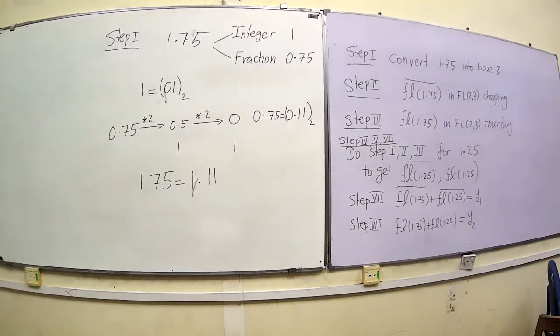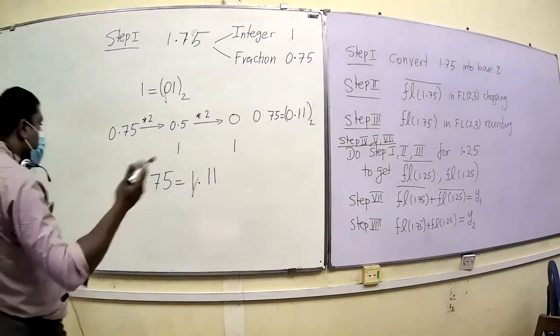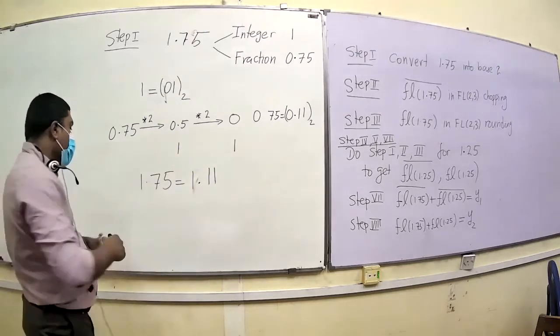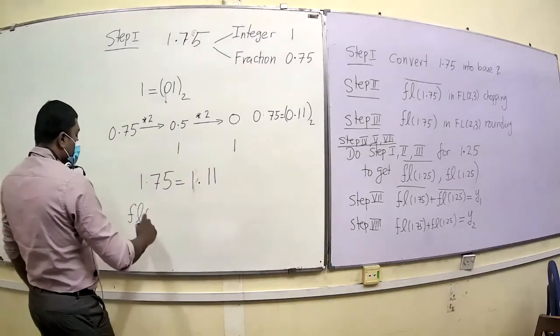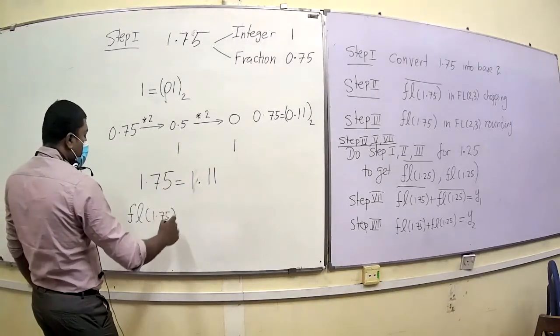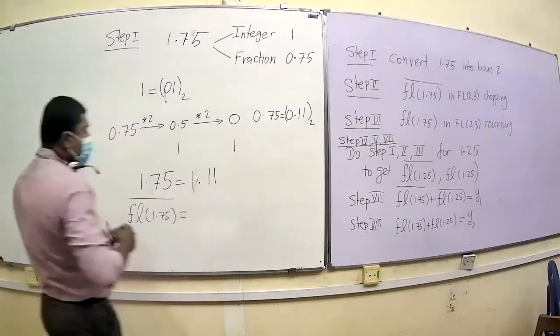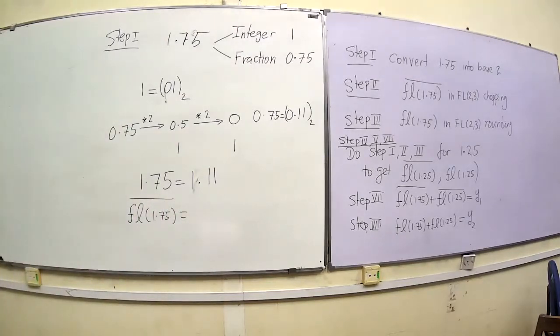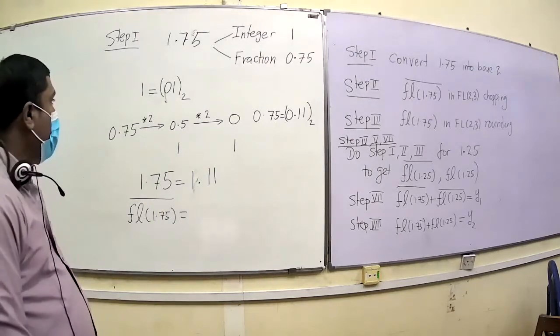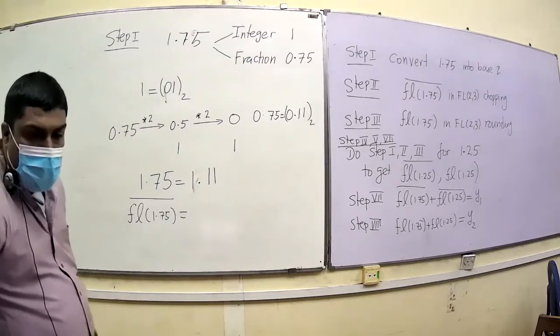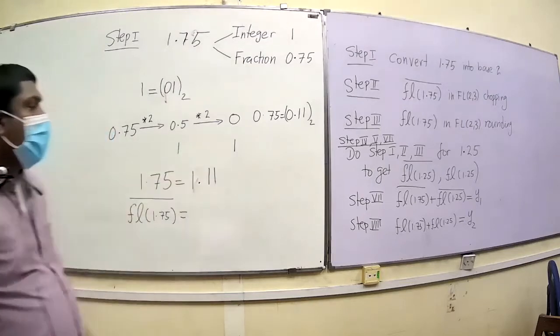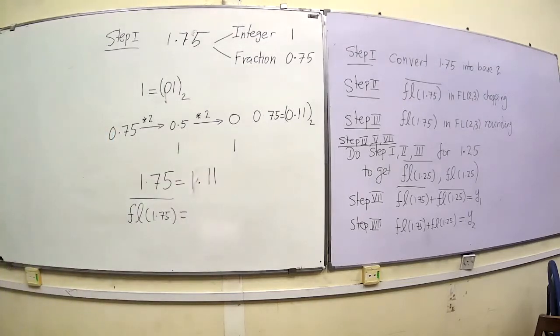So then what you do? You convert this number in FL of 2, 3, right? So that you know the formula. So if you want to get FL bar of 1.75, this is already this, so I believe there will be no change in this example. Let me change the numbers a bit. So it's okay. First, for this example, you will keep it like this. Then in the tutorial, we will put a different problem.